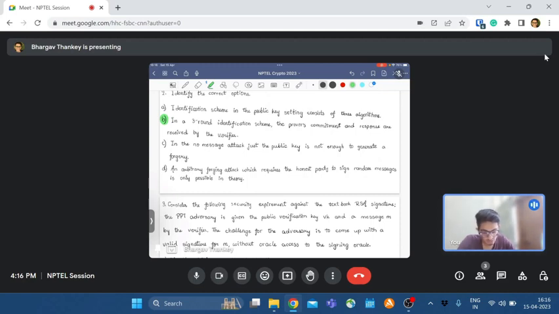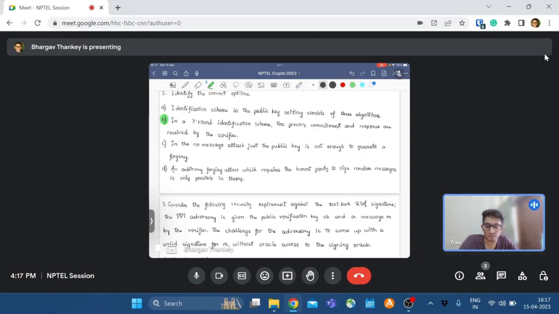An arbitrary forging attack, which requires the honest party to sign random messages, is only possible in theory and it's not practical. Well, this is also false. And here's one situation in which you can force the honest party to sign random messages.